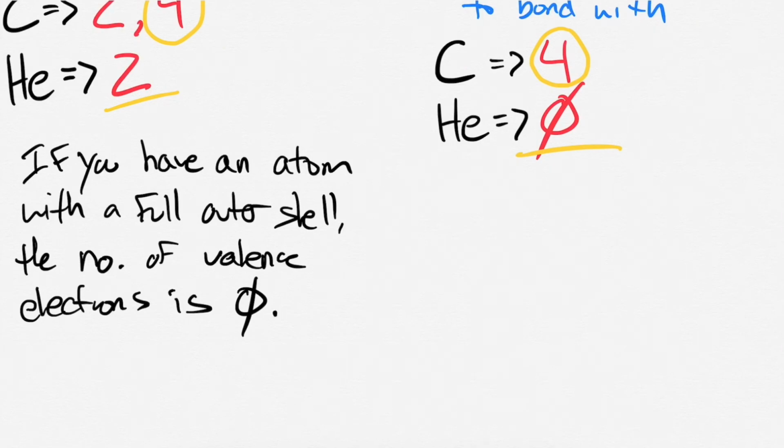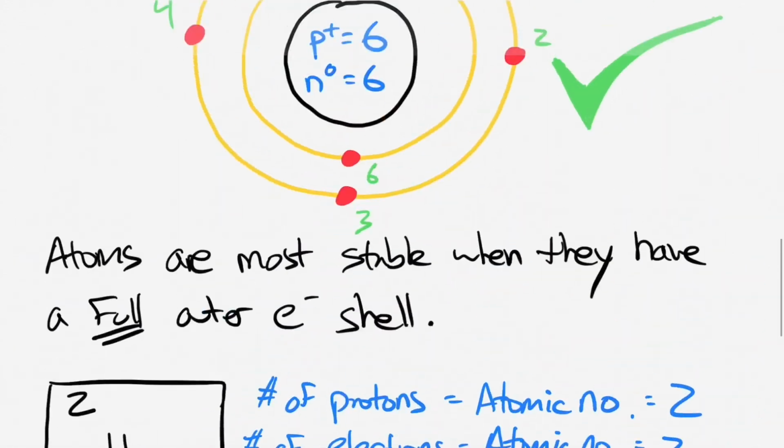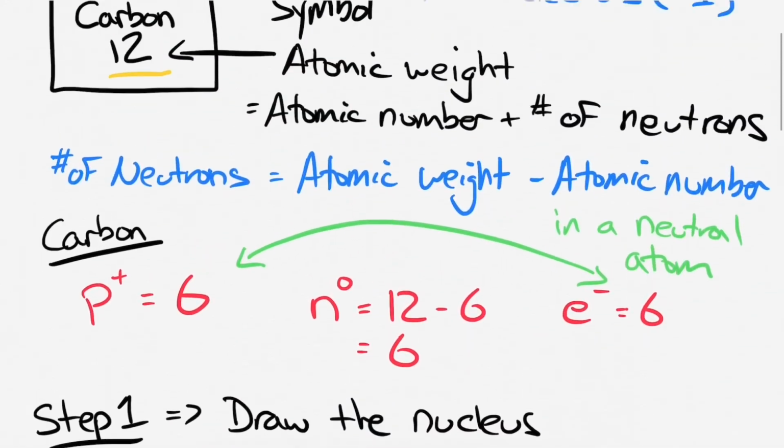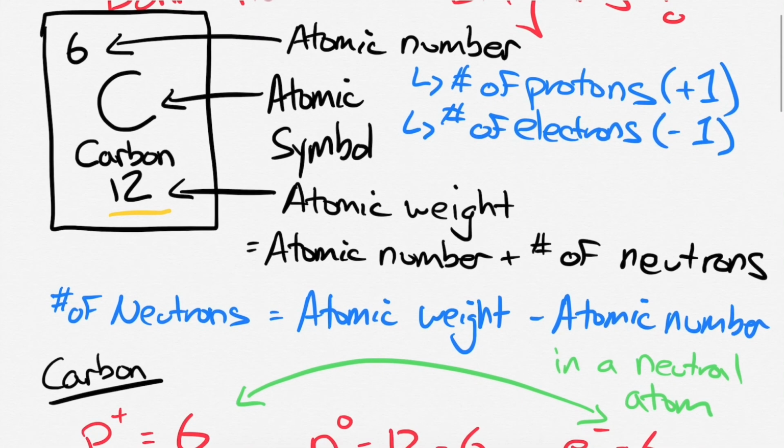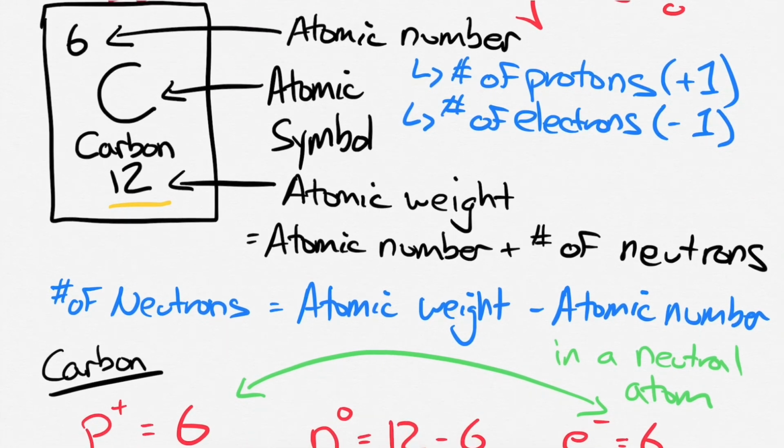And that's how you draw Bohr-Rutherford diagrams and use it for a little bit of analysis about the atoms that we're talking about. So let's start at the beginning. Let's do a little recap here. So first we need to find the number of protons and electrons. And we get that using the periodic table. The number of protons and electrons was equal to the atomic number.